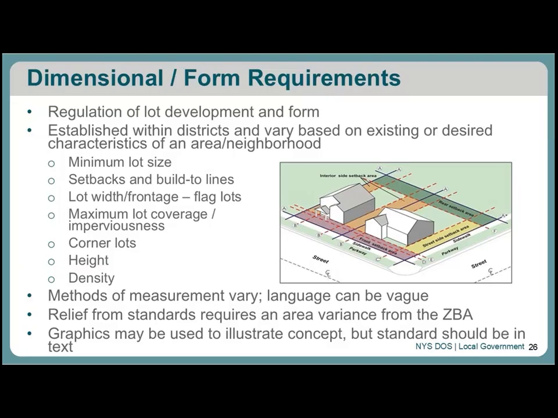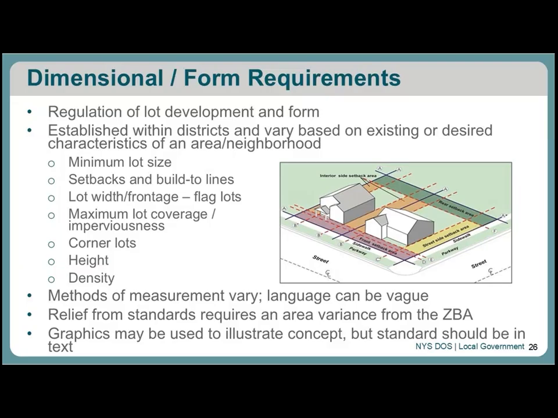We also see maximum lot coverage or imperviousness, addressing how corner lots can be developed because they are in the unique position of having 2 front yards because they border 2 streets. There's height maximums often in zoning, but also height minimums. And you may have provisions that speak about height in terms of stories as well as actual linear feet.